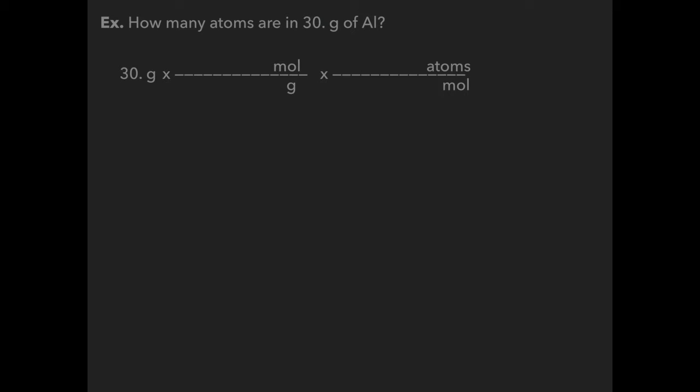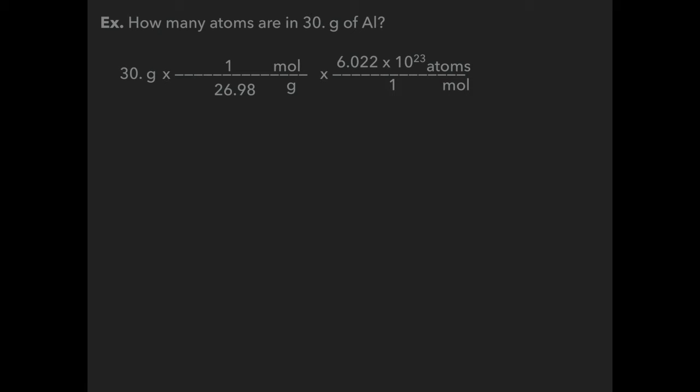Now, to go from grams to moles, or moles to grams, I have to use my molar mass. Well, the molar mass of aluminum, I know, so I can plug that in for grams. So for every 1 mole, I have 26.98 grams. For atoms and moles, that relationship is Avogadro's number. So I'm going to put 6.022 times 10 to the 23rd atoms over 1 mole.